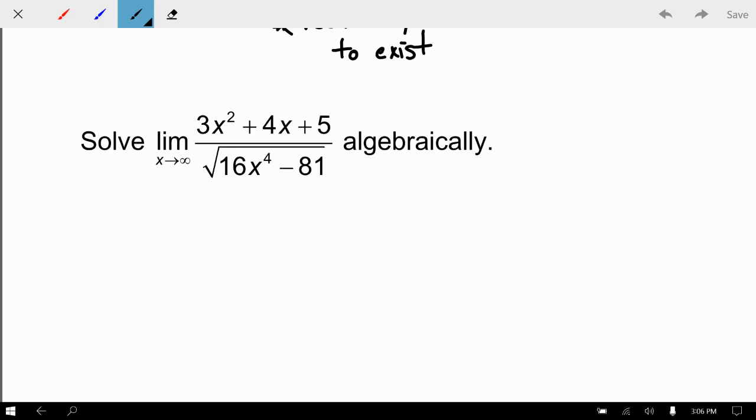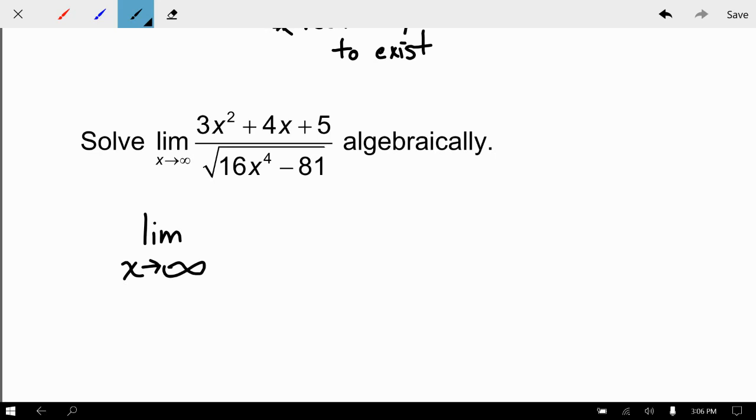We saw how we could solve this graphically. But what we can also do is think about how we can rewrite this in a way that's going to allow me to solve this. We're essentially going to multiply by 1 again. I'm going to take the highest degree term in this entire function and divide everything by that.